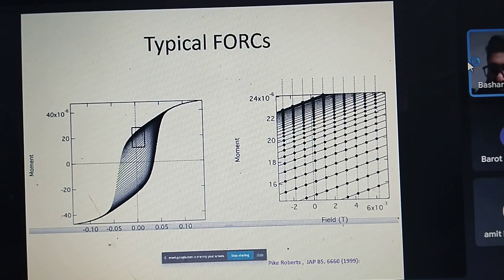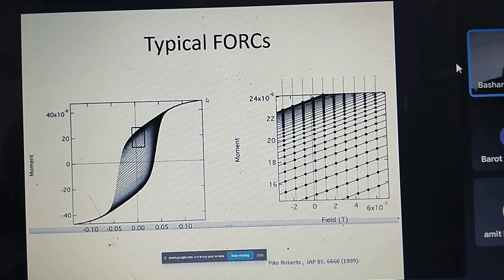Every point here means that we have saturated our sample. After saturating, we reduce the magnetic field until we reach a certain reversal field, and after that we again increase the magnetic field, saturate, again decrease, again increase.